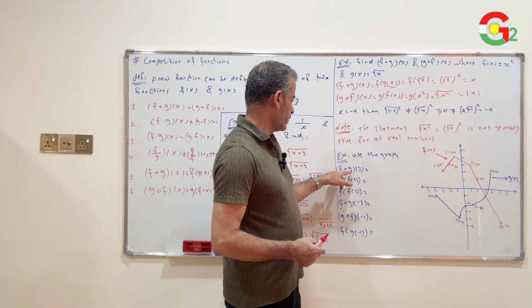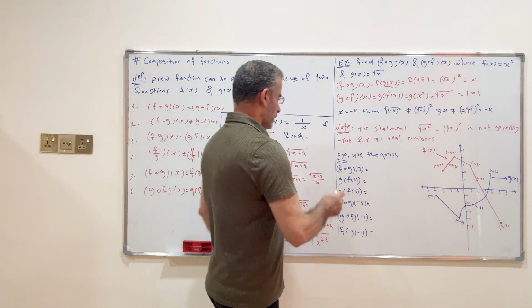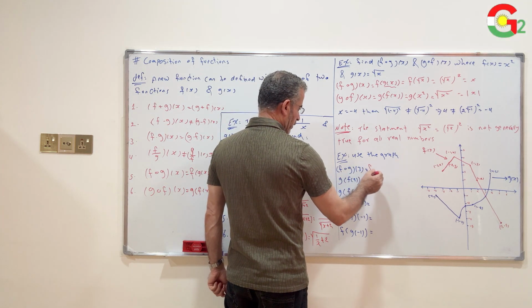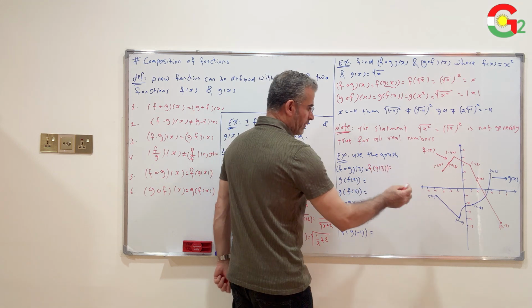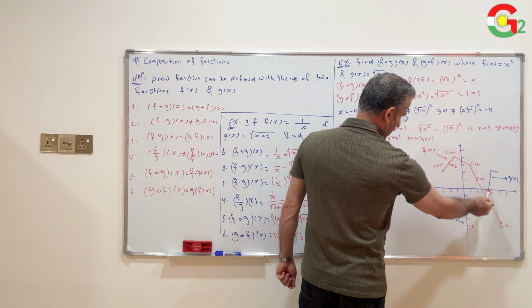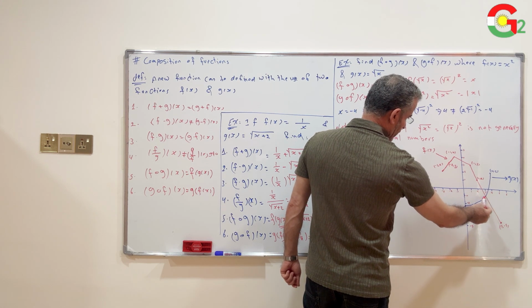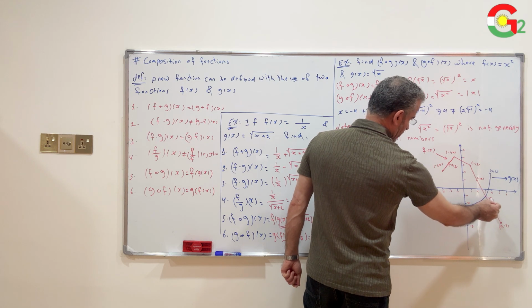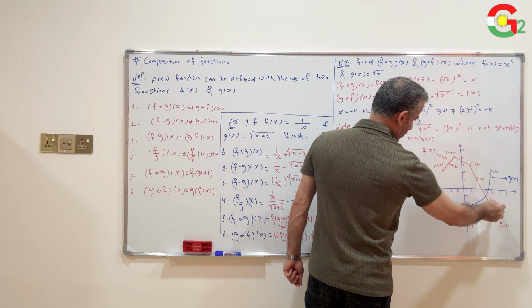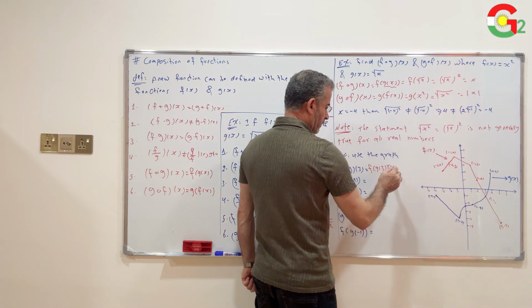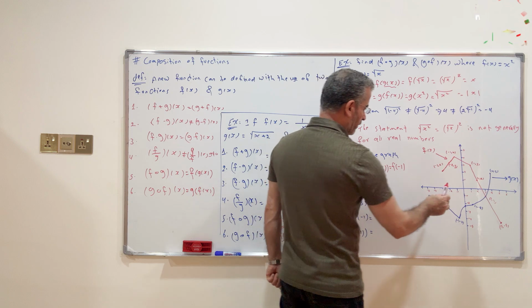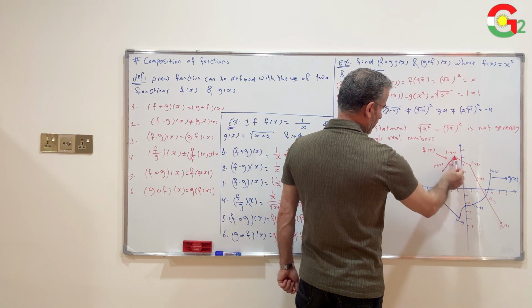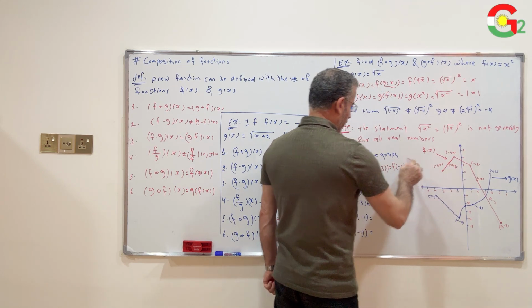Find f o g of 3. f o g of 3 is equal to f of g of 3. g of 3, this is g and this is 3. g of 3 is negative 1. g of 3 is negative 1, then I need f of negative 1. f of negative 1, this is negative 1, f of negative 1 equal to 4.